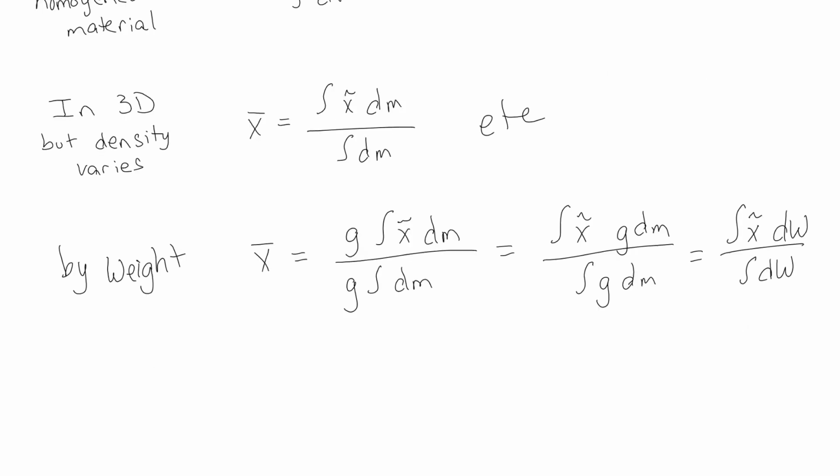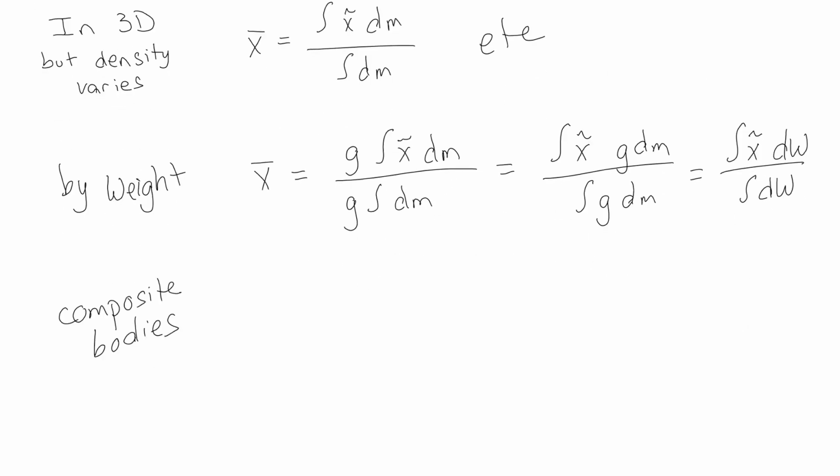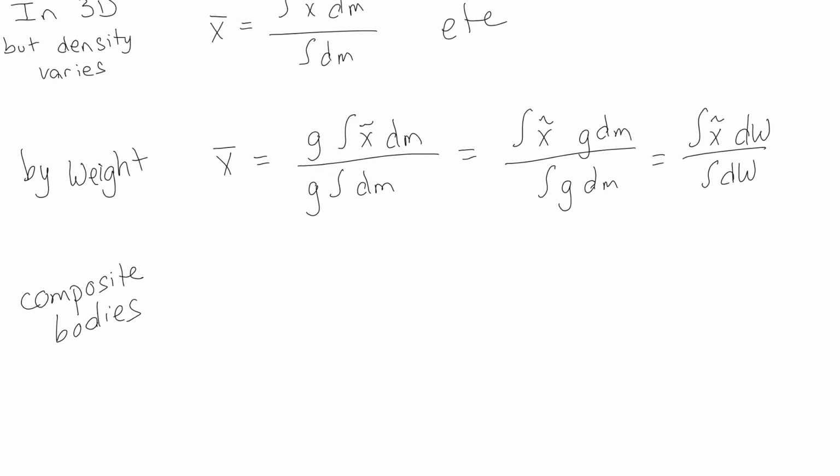We can also do this with composite bodies, but in composite bodies, instead of using integrals, we're doing summations. Like what I just wrote, instead of the integral of x dW over the integral of dW, you would sum all of them.